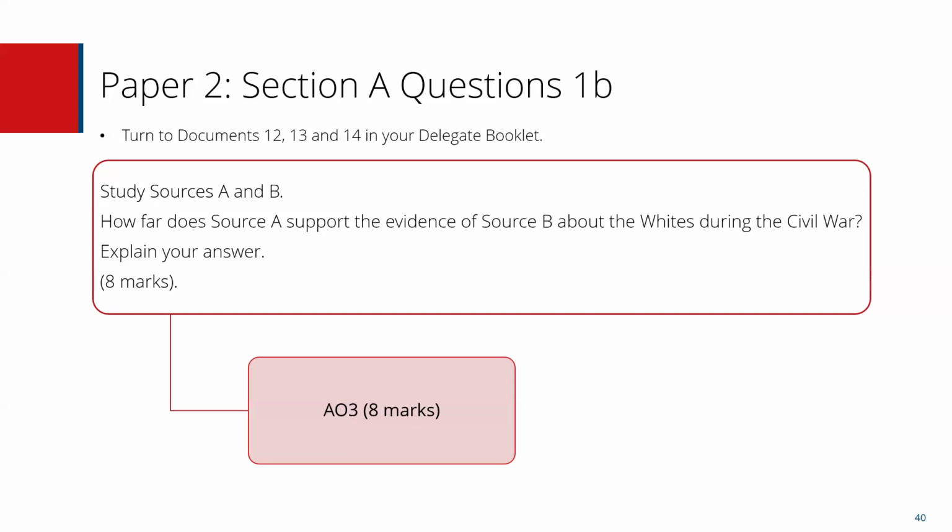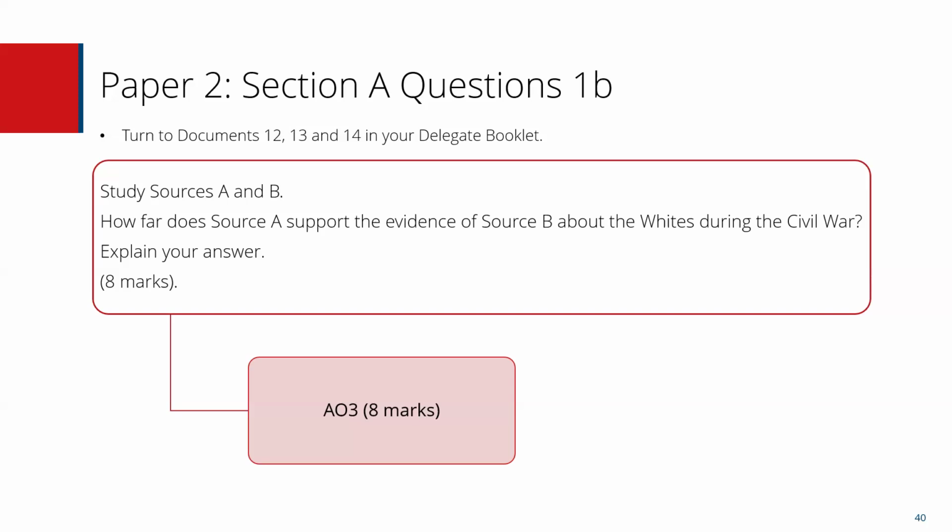Like I said, we saw lots of level 2, but this summer we were seeing lots more level 3. These are the ones that, for example, would say partially agree because. So they're really explaining what they're saying. We're looking for agreement, we're looking for a difference, then we're looking for that consideration of the extent of the agreement or the difference.